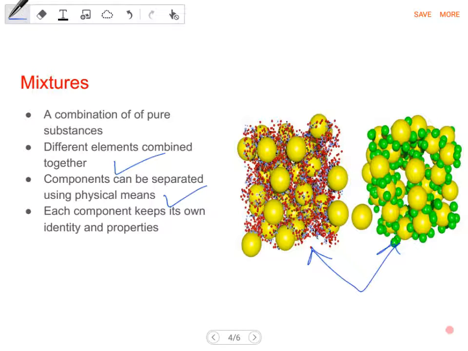I'm not going to worry too much about that. But it is important to know that every one of these atoms or elements maintains its own properties. So a mixture is where you have a whole bunch of things thrown together. A pure substance simply is when everything is the same. But it's important to know now, are there different types of mixtures? And that's where we're going to go next.